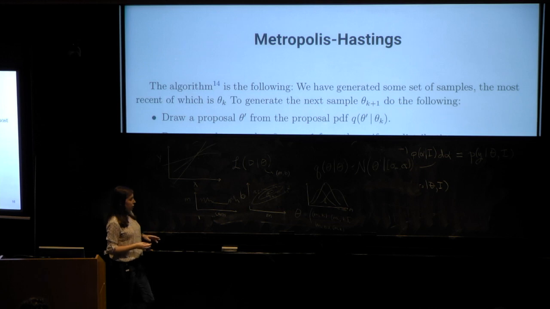And this can actually be a diagnostic of a problem in your MCMC. Maybe you're trying to make steps that are too large, and so you're getting a lot of things rejected because you're just trying to wander off into unrelated areas of parameter space.